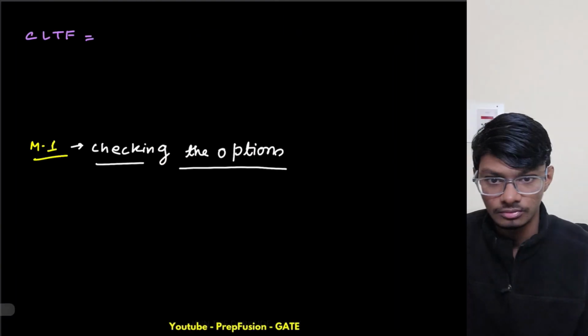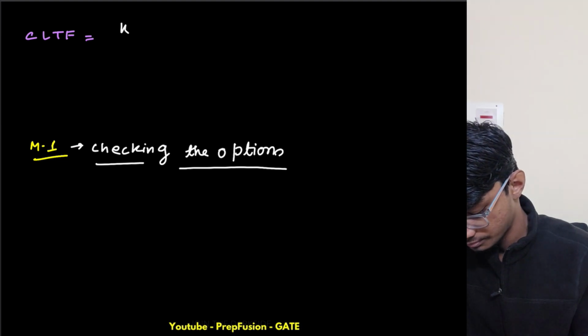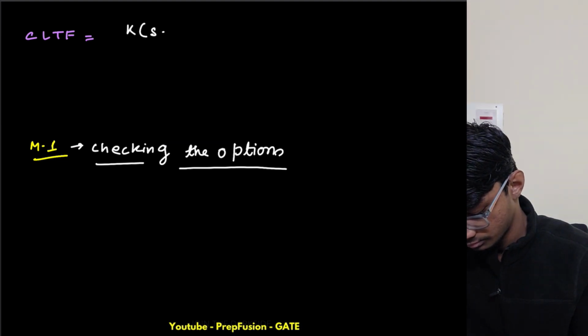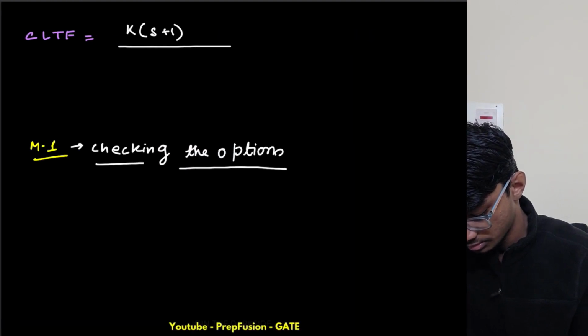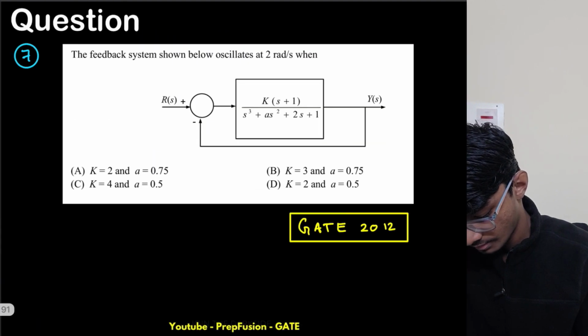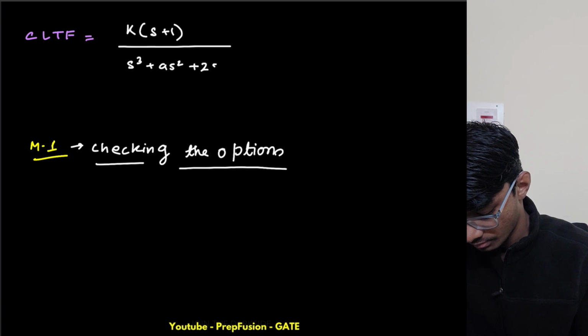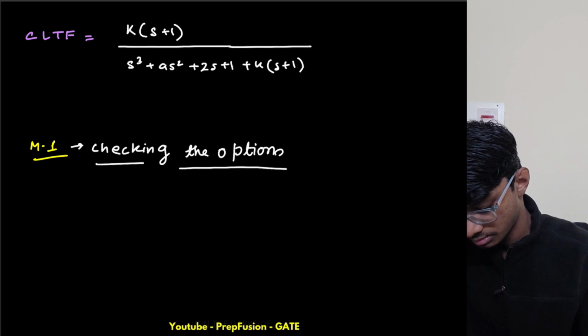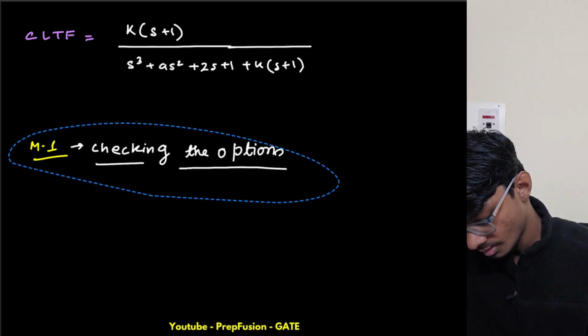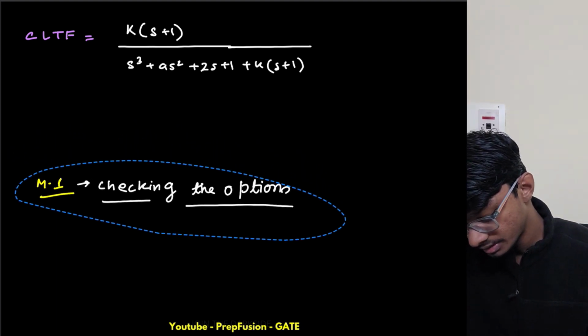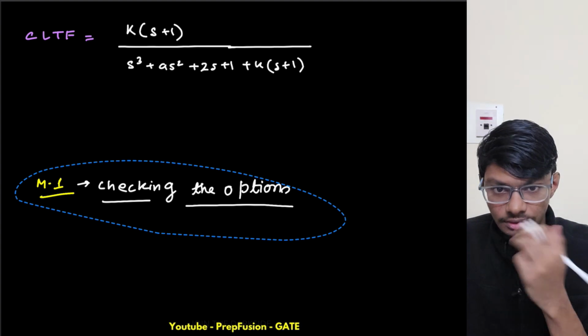So this will be G(s) upon 1 plus G(s). So this is K into (s plus 1) upon s cube plus a s square plus 2s plus K into (s plus 1). So this is basically what my CLTF is. Now let me club the common s terms and the constant terms.